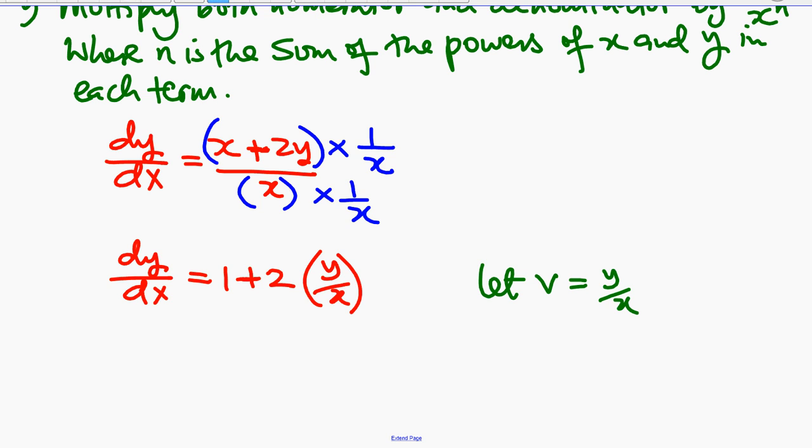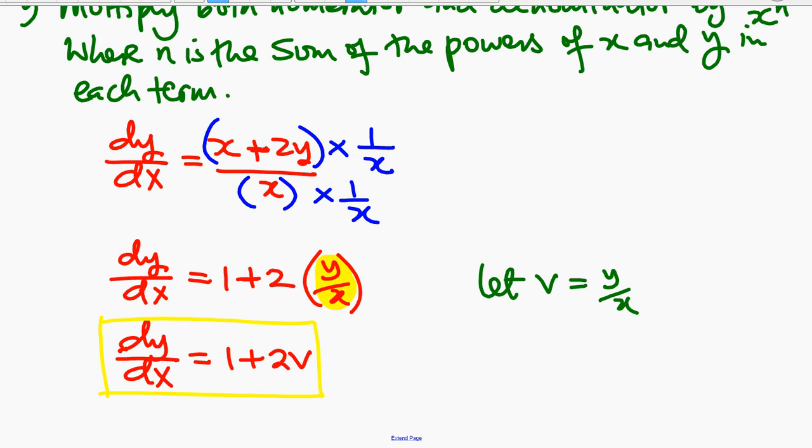If you look at this equation, I have y over x here, so that means I'm going to plug in v. So what I'll end up with is dy over dx will be equal to 1 plus 2v. I'm just going to put that in a little box. We'll come back to that in a minute.